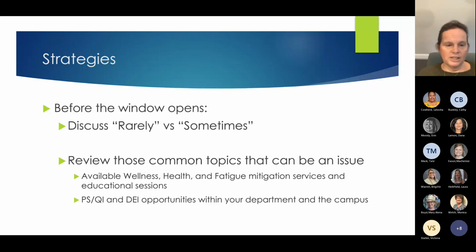Look at patient safety and quality improvement initiatives, and ways they may not think they're participating but are. Sometimes residents don't think about the fact that doing M&M or clinic improvement projects counts as quality improvement or overall patient safety. Look at DEI opportunities within your department and the campus, the outreach opportunities you do, the ways you help out, and those things also available around the university.